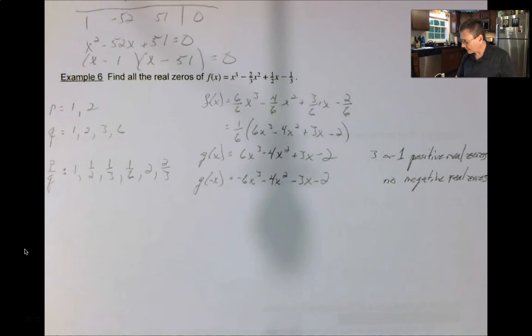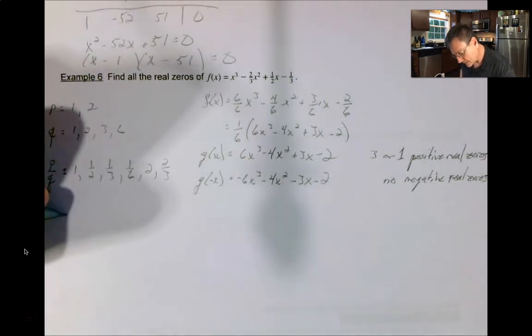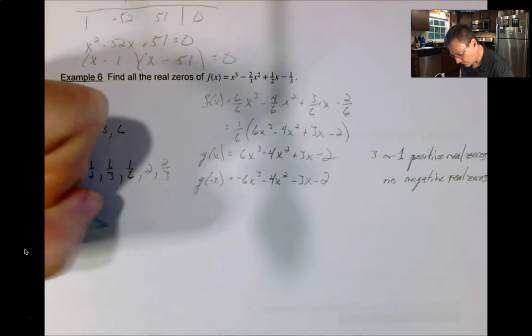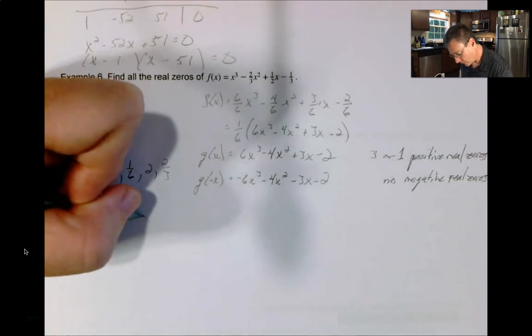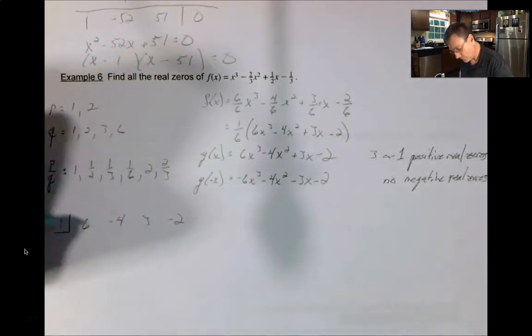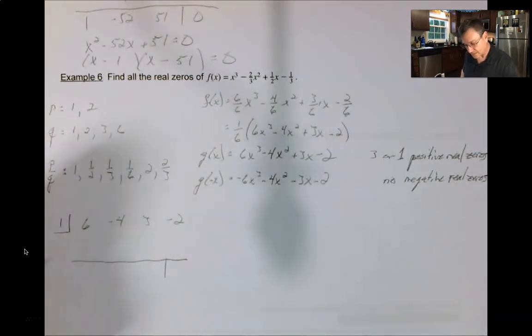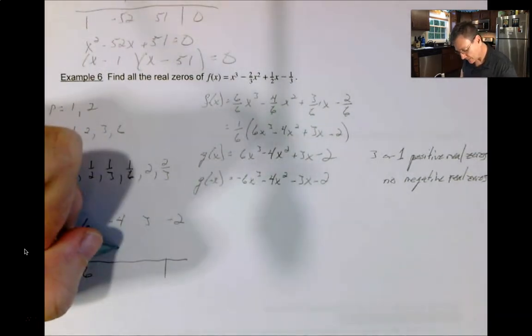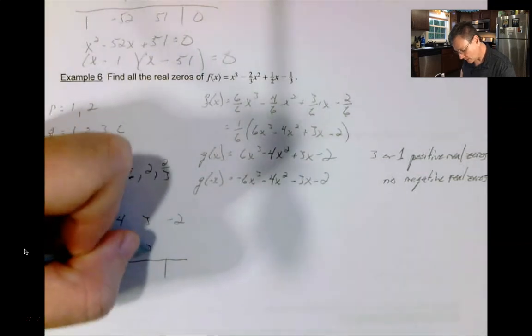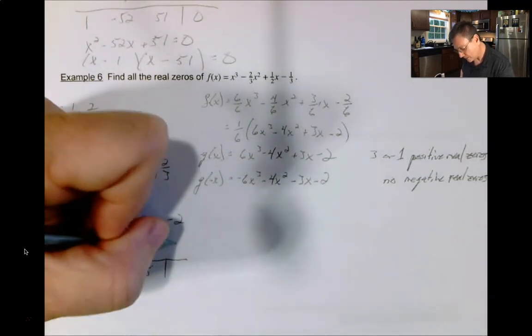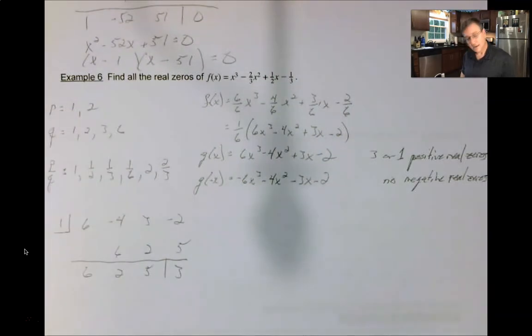Okay, so now I'm going to test positive 1, because that's the easiest one to start with. We've got 6, negative 4, 3, negative 2. So I test that, pull down the 6. 6, 2, 2, 5, 5, 3. It's not a 0, but what do we see?